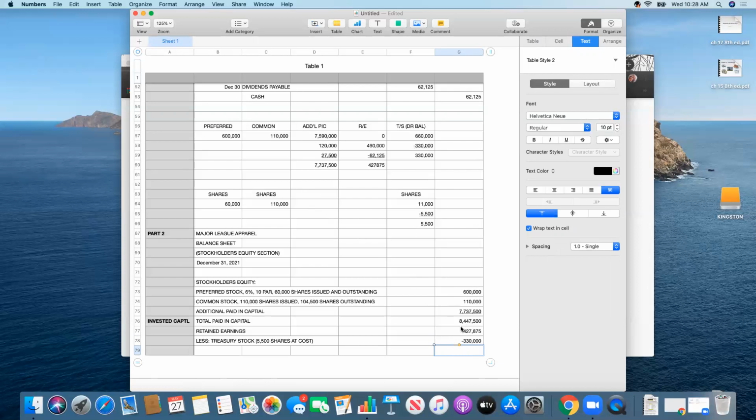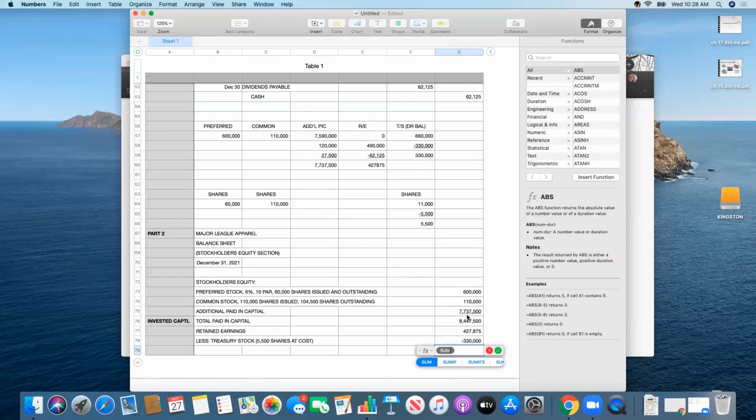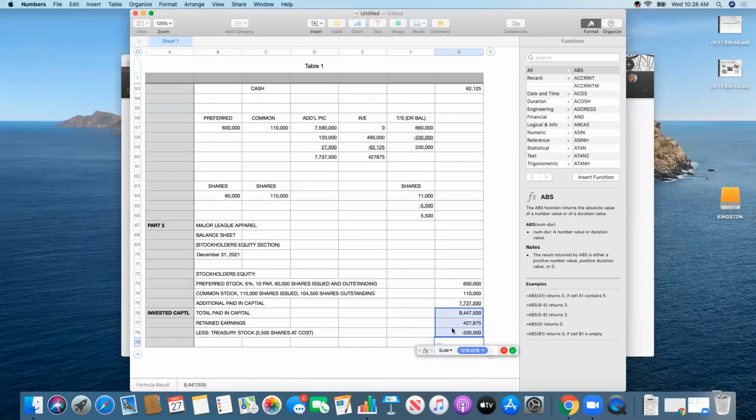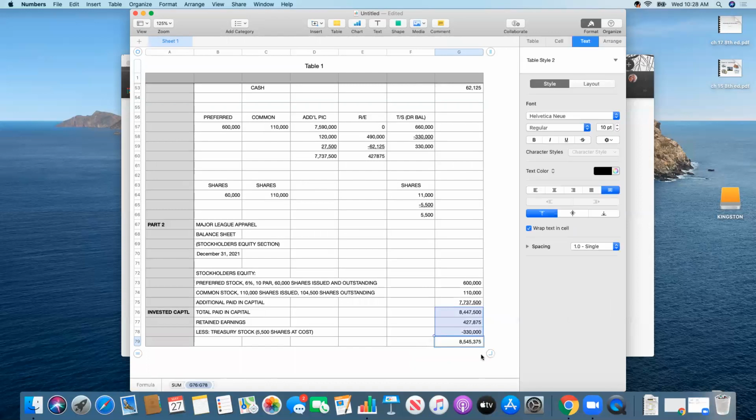All right, so let's combine everything, equals the sum, $8,545,375.